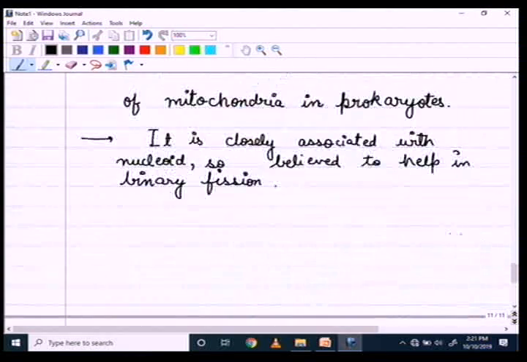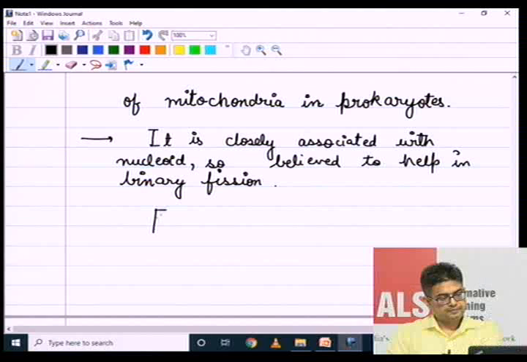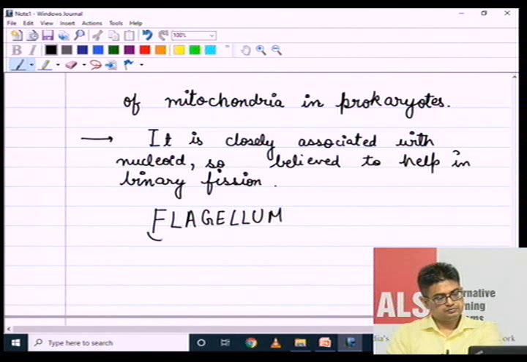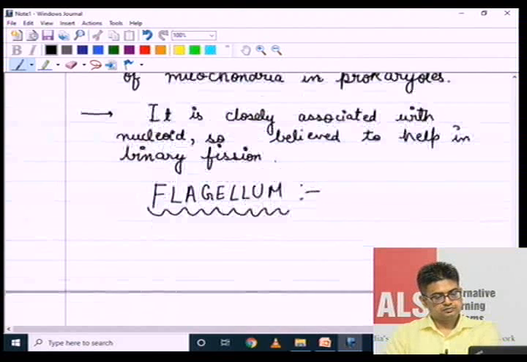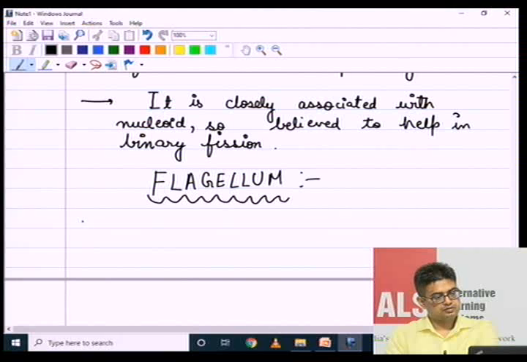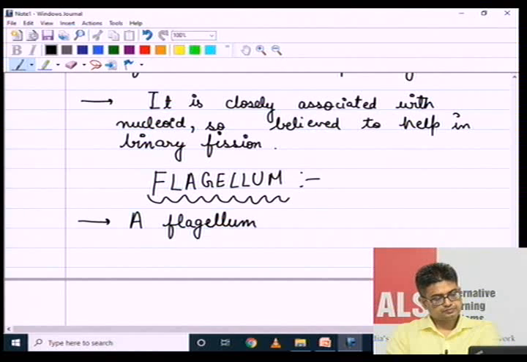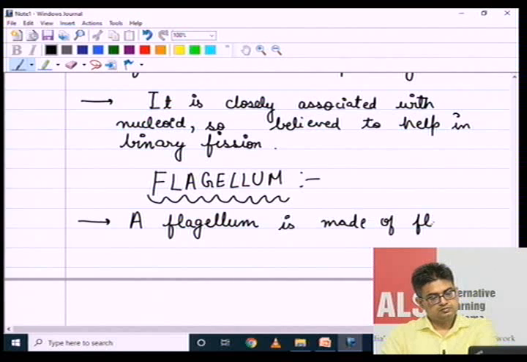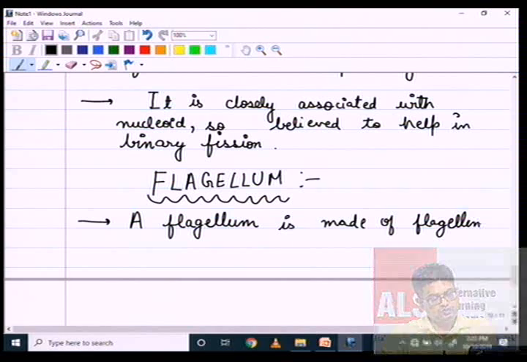Flagellum of bacteria. A flagellum is made of flagellin protein.